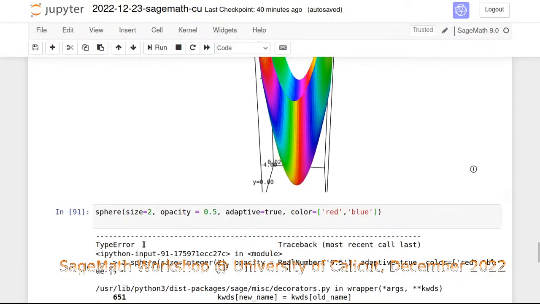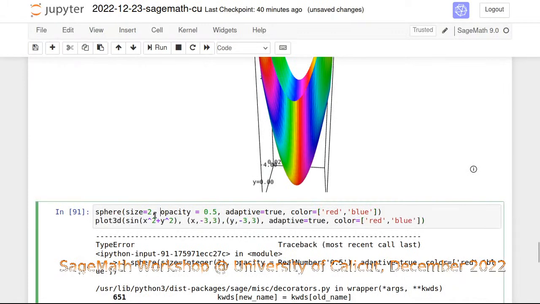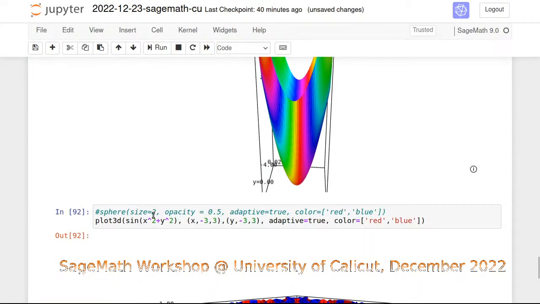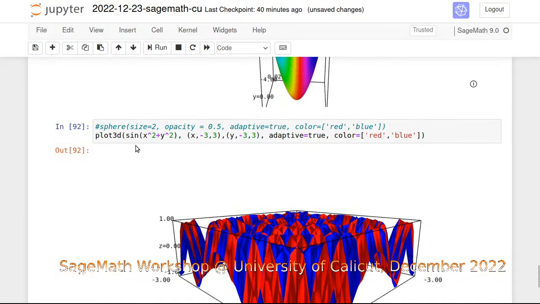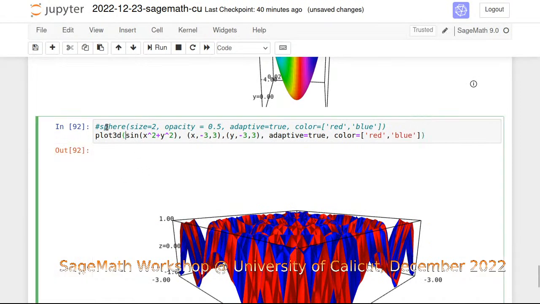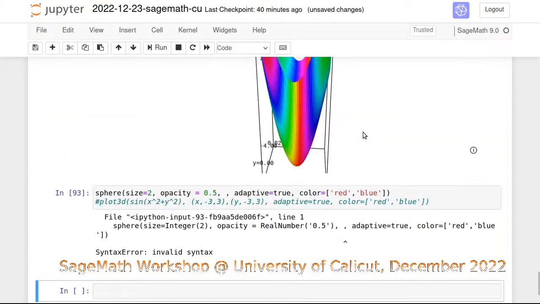Such an example we have seen even previously. This seems to work, but if we copy exactly the same thing and paste it here, it doesn't seem to work.